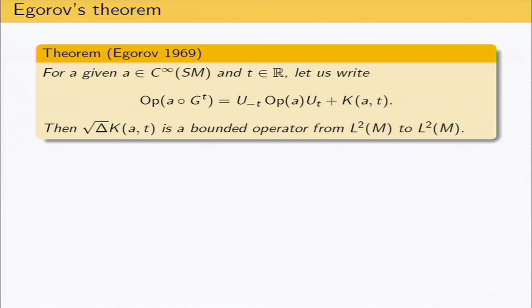So you take a classical observable and you let it flow at time t by the geodesic flow, then the corresponding operator should be much the same as if you had flown the waves by the quantum version of the geodesic flow. That is to say, intuitively, this operator of A composed with GT should be very close, equal actually intuitively, if the quantum classical transition were perfect in a sense.